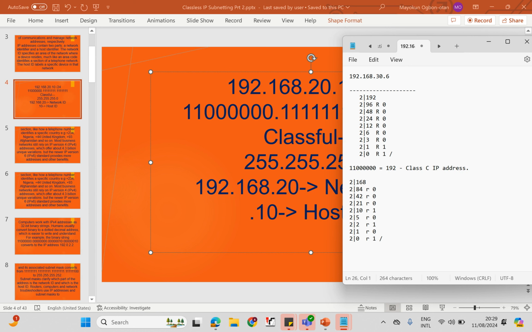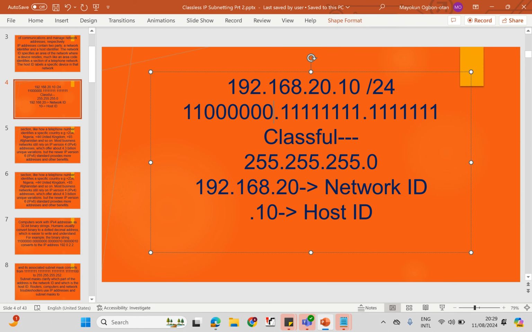So 168 equals 10101000 in base 2. So this is the binary version of 168. Do we understand what we are doing here, please?